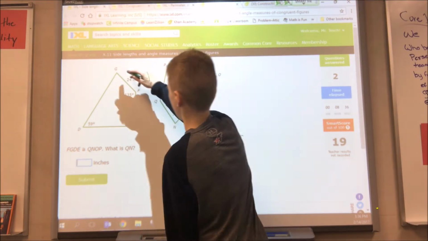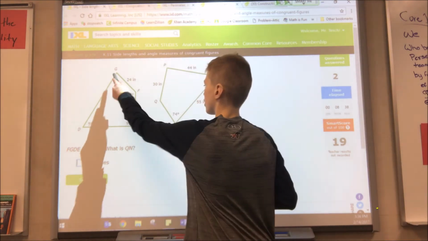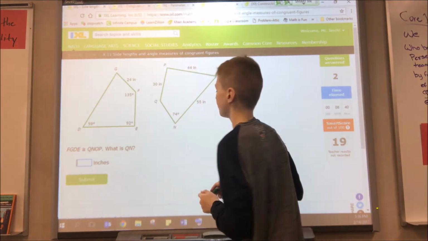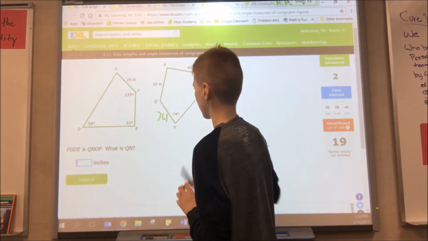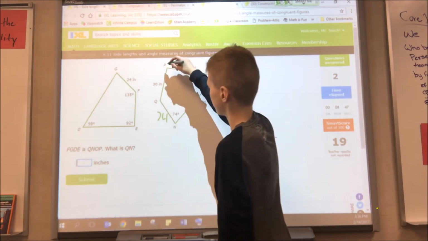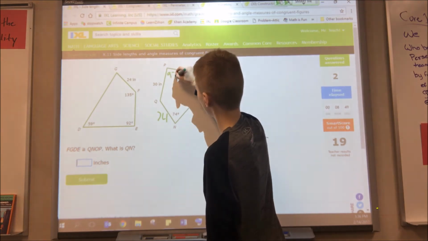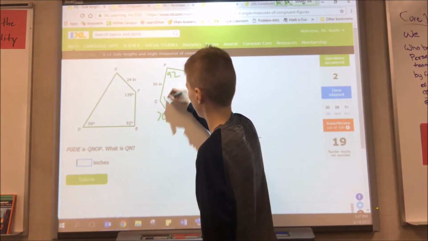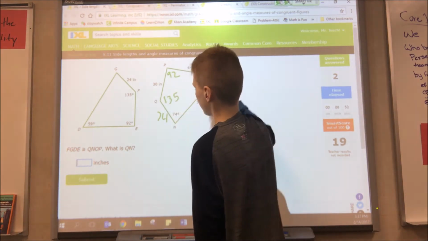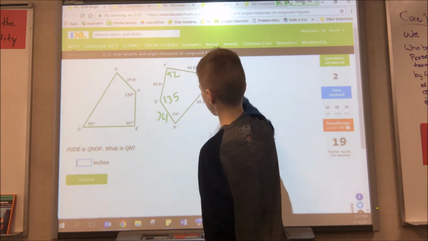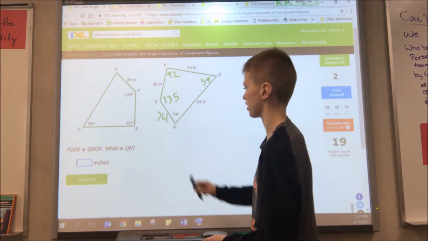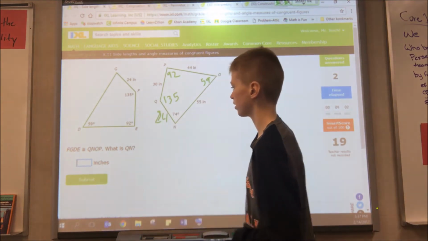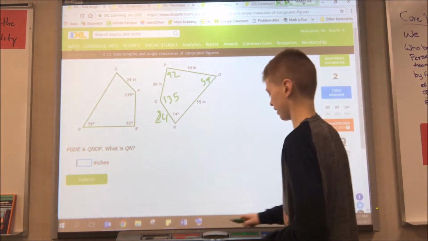So we see that the short end is right here, which is Q and N. So the short end equals G and F. So we write in, and that would mean that the P would be 92, 135, 59. So now with everything drawn in, we can obviously see that 24 is Q and N.